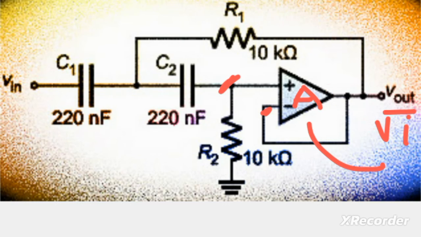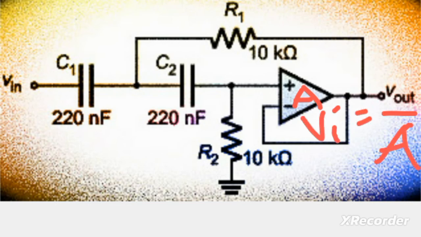So now, let me write here V out divided by A is equal to VI, where VI is the difference between the two input pins of the amplifier.